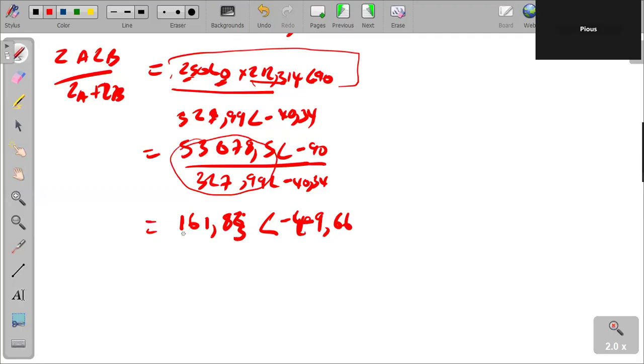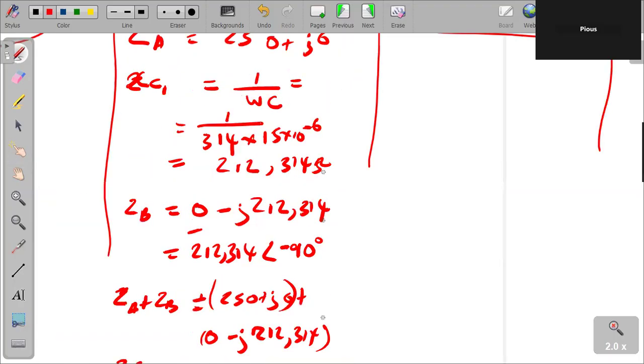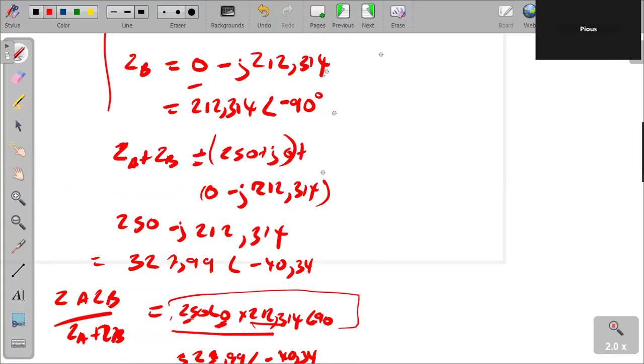So that marks our parallel combination of ZA and ZB. We are going to call it ZP1, therefore. Right, let's go to the third harmonic. Let's start with the third harmonic.